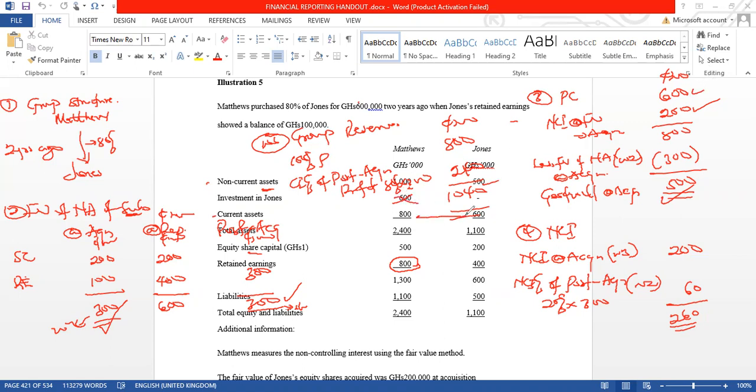Then you add these two assets. Equity, we are talking about the parent only, all right? Reserves, that is what we've gotten from workings 5 to replace it. Then this one too will add here. So let's see if our balance sheet will balance.